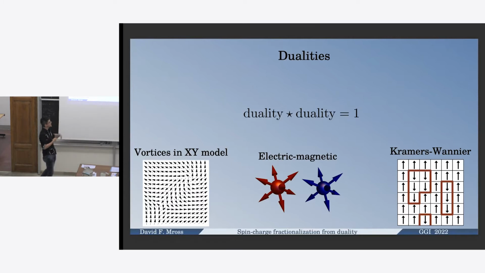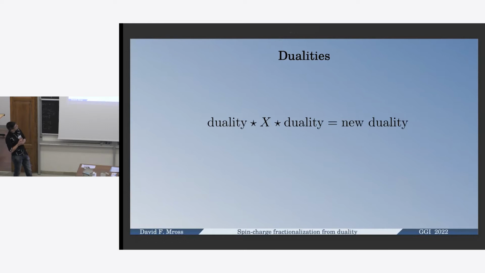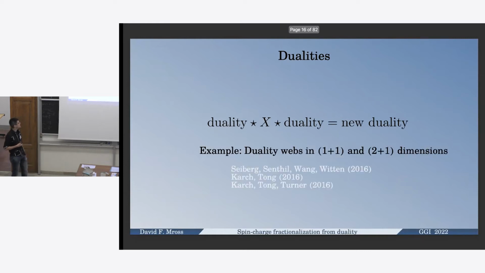They look to be somewhat specific to a system, but there's something that one can do, which is, again, apply duality twice, but do something else in between. This something else may look fairly innocent, but actually result in something dramatically different at the end of the day. So an example of that is known as the so-called duality webs in 1 and 2 spatial dimensions, where you have some basic duality.